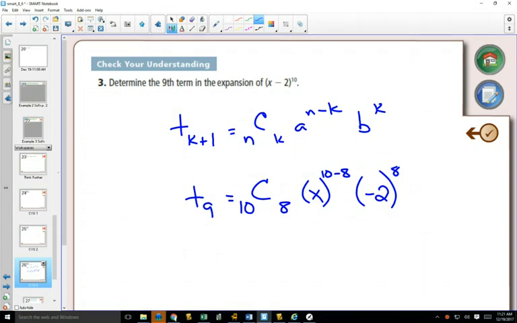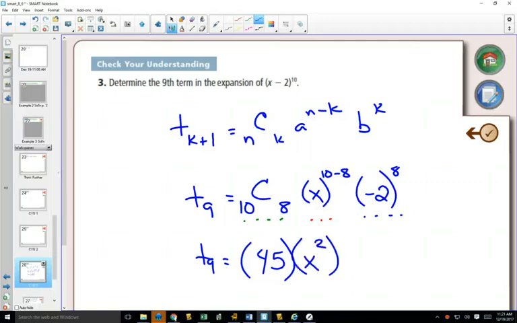We figure out each of these things separately first. So term 9: 10 choose 8, that's 45. x squared, and negative 2 to the power of 8 is 256. Just double check that. A negative number to an even exponent will always be positive.